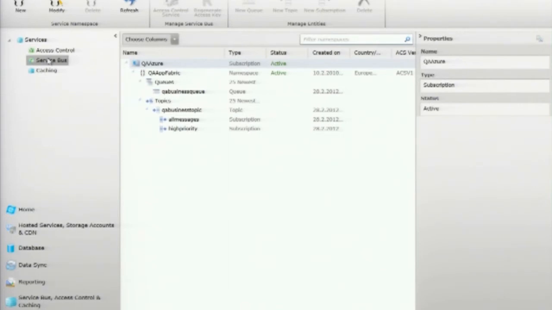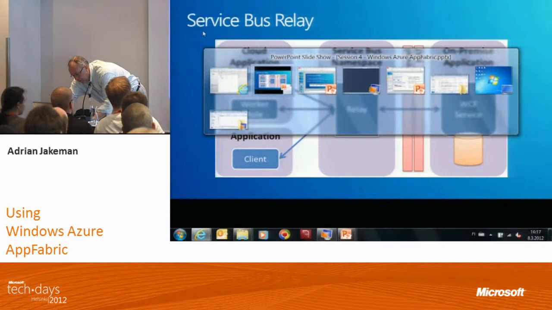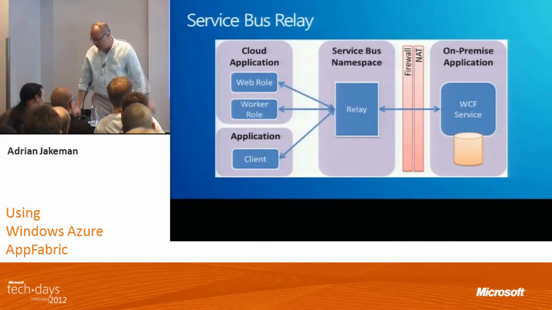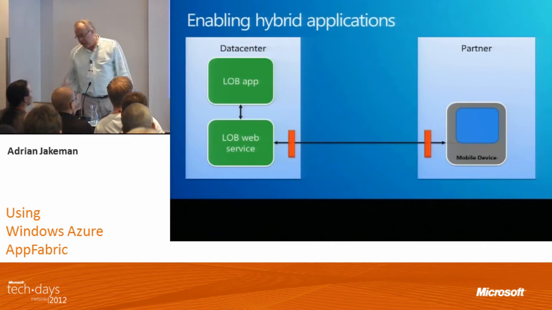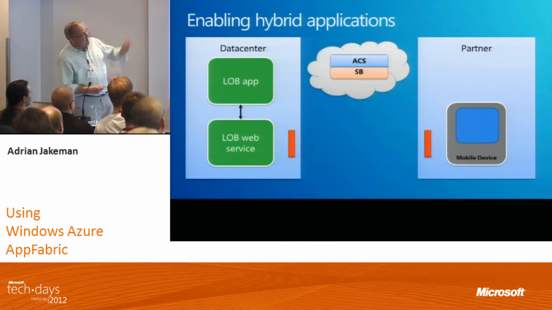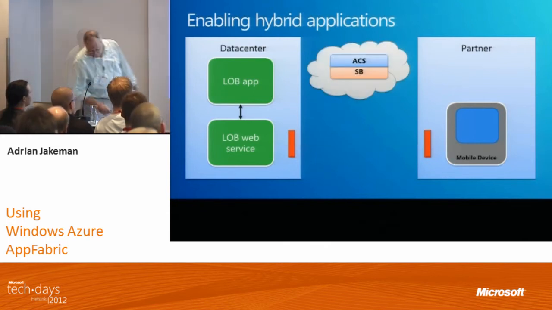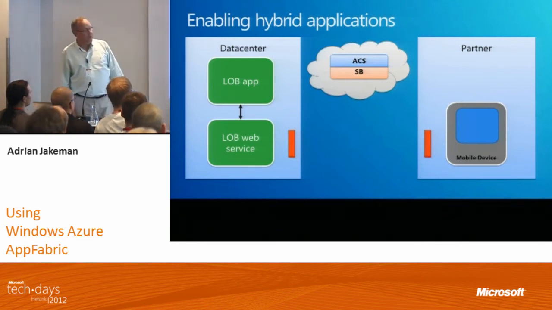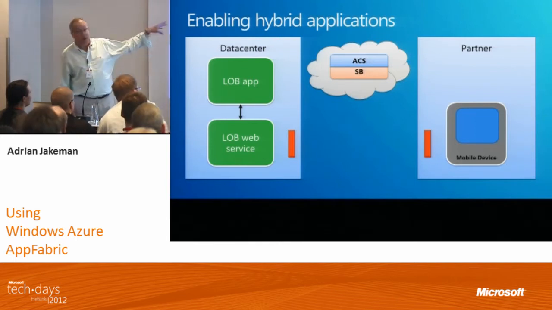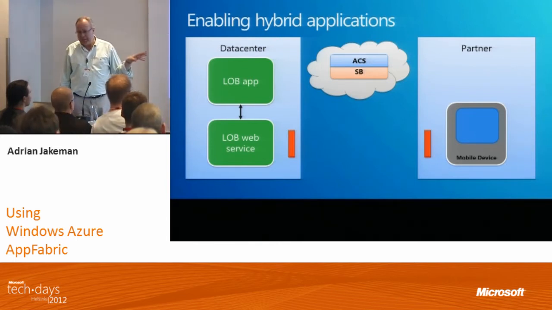Okay? So, when I'm working with Service Bus Relay, what I'm really talking about is this type of idea. Applications where client and service want to talk to each other, my endpoint sitting up in the cloud in the Service Bus, SB. I might also make use of another part of AppFabric called the Access Control Service, which is my ACS here, but that's not compulsory.